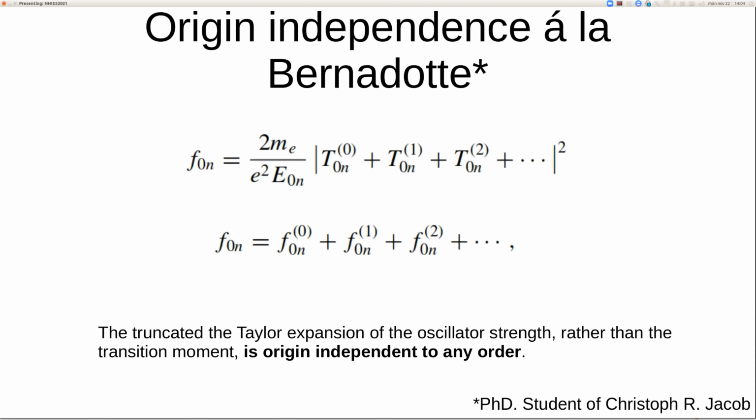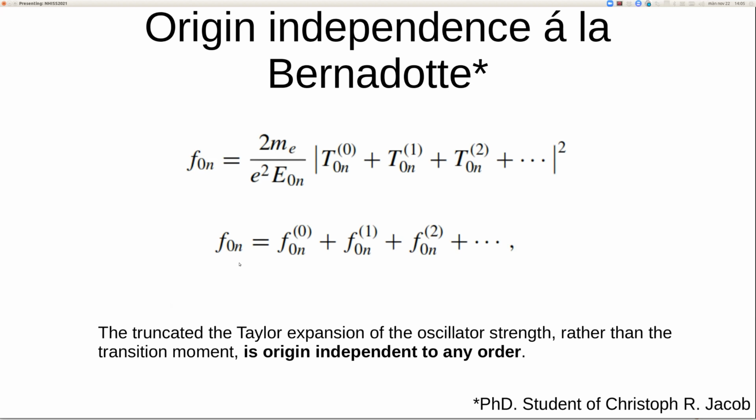One way away from this was demonstrated by Christoph Jacob and his student Bernadotte, which said one shouldn't use a Taylor expansion of the oscillator strengths where one did the transition moments to various order of the expansion, but rather one should look at the complete oscillator strength and do the Taylor expansion in terms of the full oscillator strength.